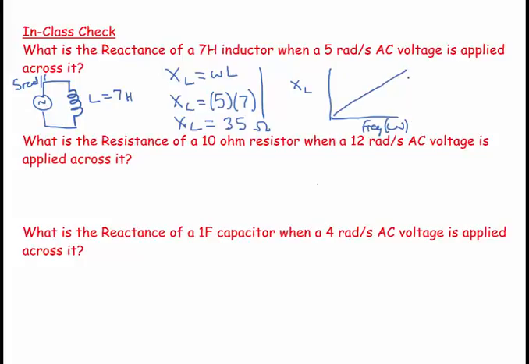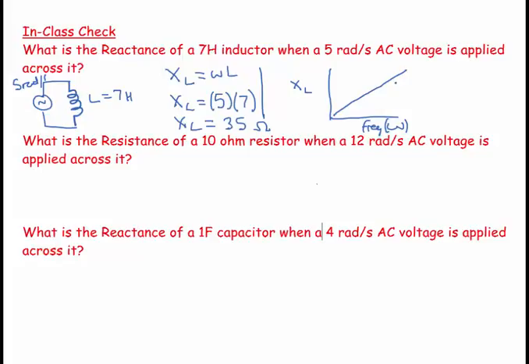High frequencies, much more resistance. Low frequencies, much lower resistance. At low frequencies, it's like just a long piece of very conductive wire. At high frequencies, all the magnetic effects come in because you're changing the current flow very quickly.